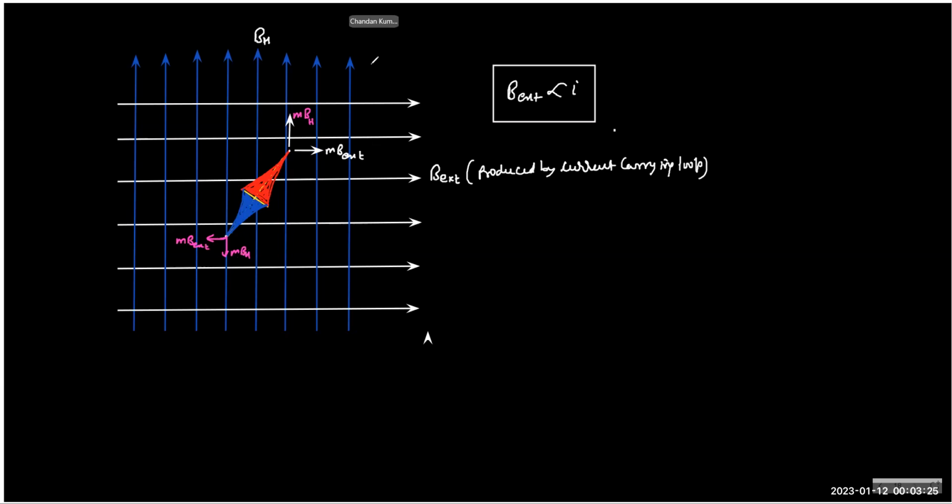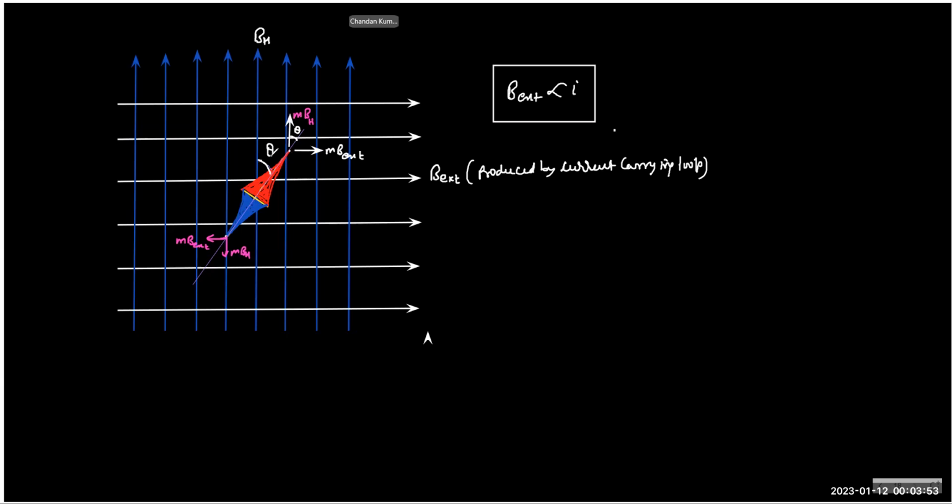And then the dipole axis, which means the axis of this needle, will make some angle with the earth magnetic field. We always take the angle from the earth magnetic field. This angle we call theta. If this is theta, this will also be theta.